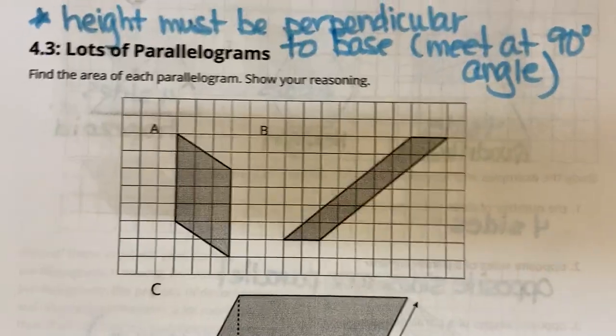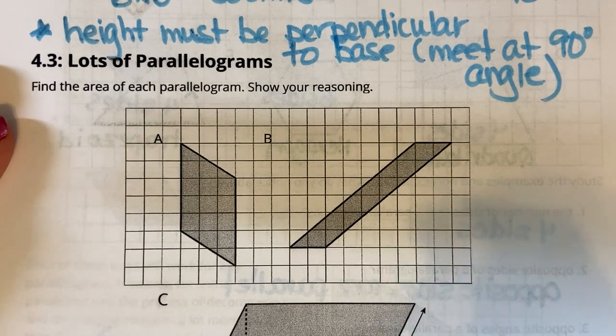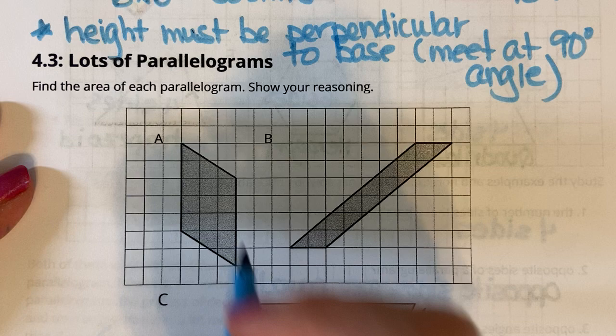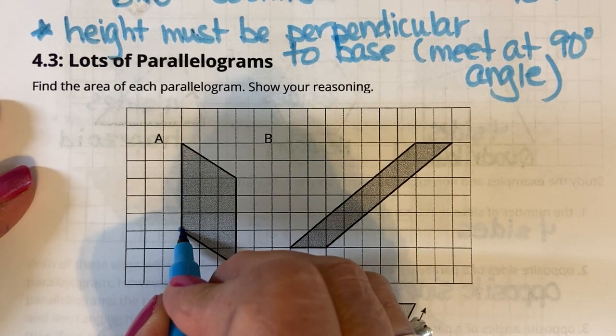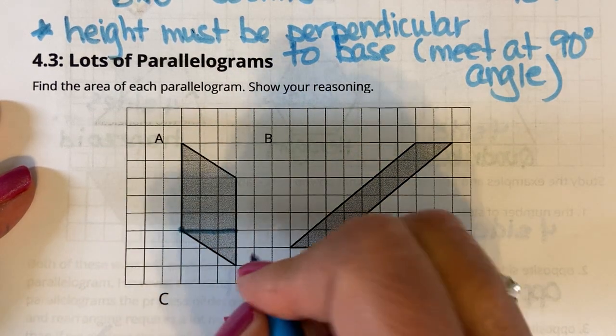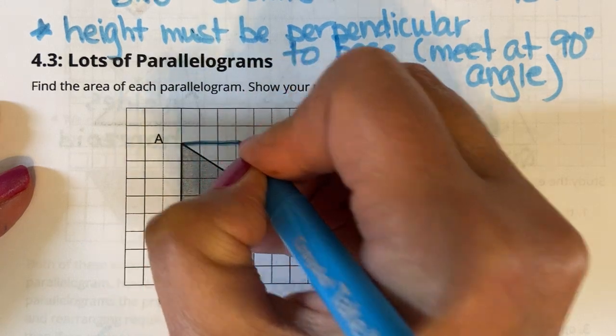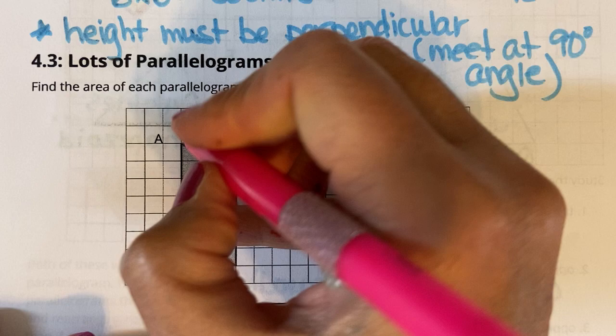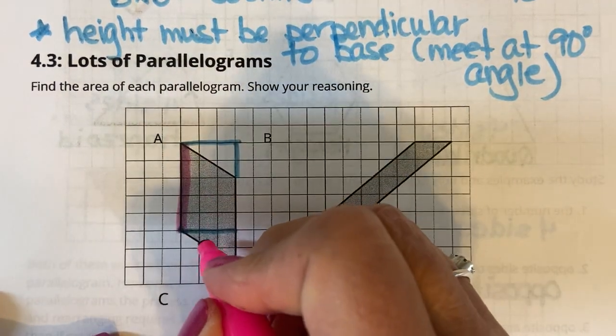Okay, let's move on. So same thing here. I want to figure out how I can make this into a rectangle. Well, I'm going to go from one of my corners down. So I would take this and I would move it over here. Okay, so that now I have my rectangle because I moved this, that's gone.